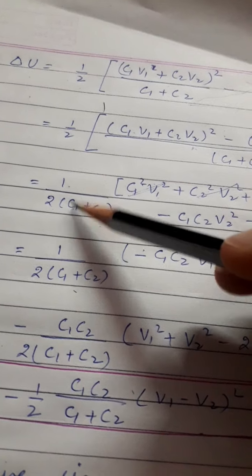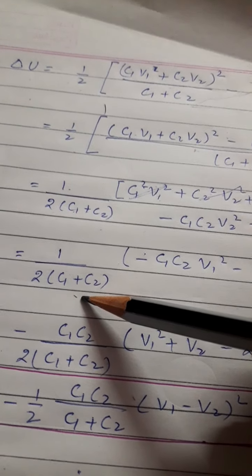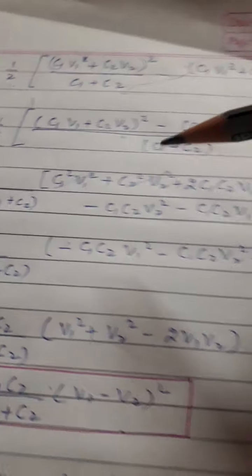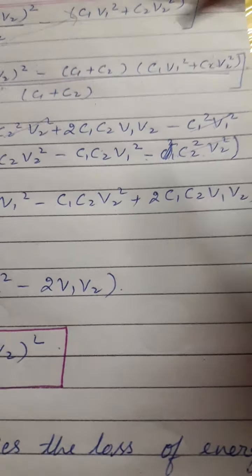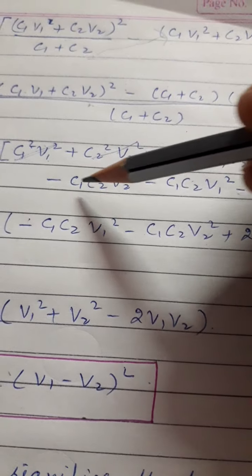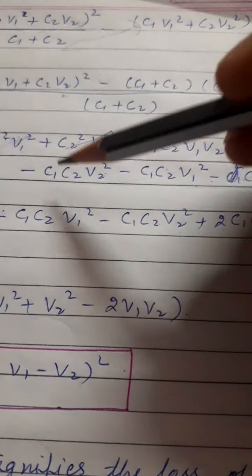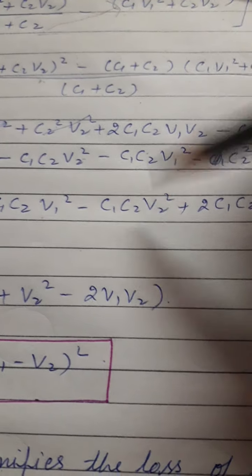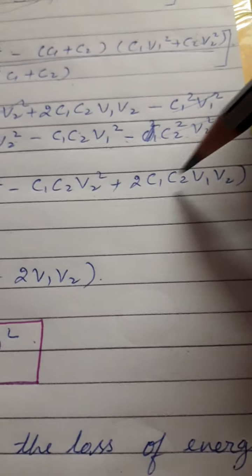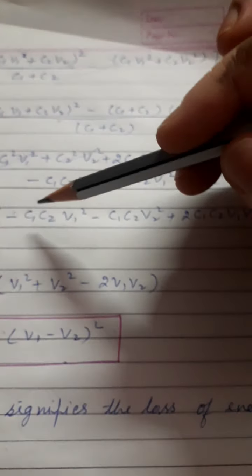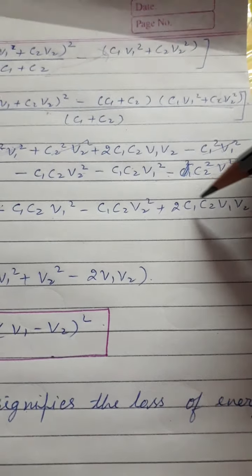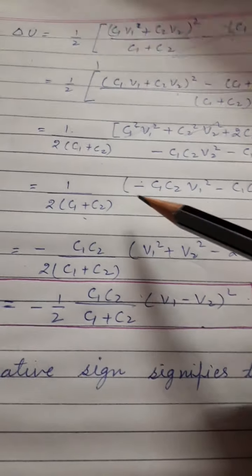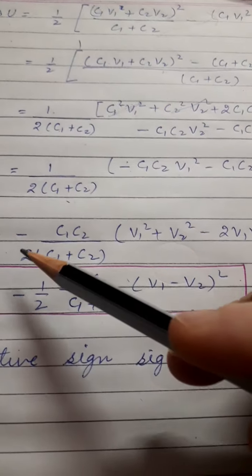Out of the bracket whatever is here it will remain here, that is 1 upon 2 C1 plus C2, and inside it, minus C1 C2 V1 square minus C1 C2 V2 square plus twice C1 C2 V1 V2. Now we can see in all three terms C1 C2 is common, so I have taken C1 C2 out of the bracket in the next step, along with this minus sign also.